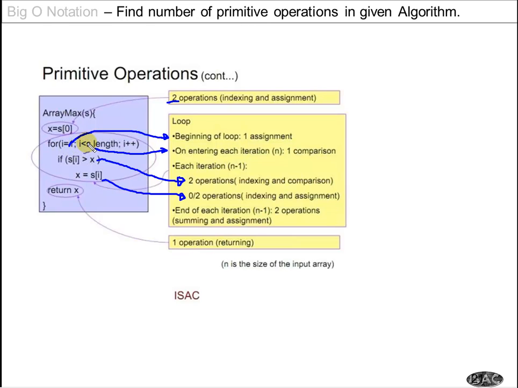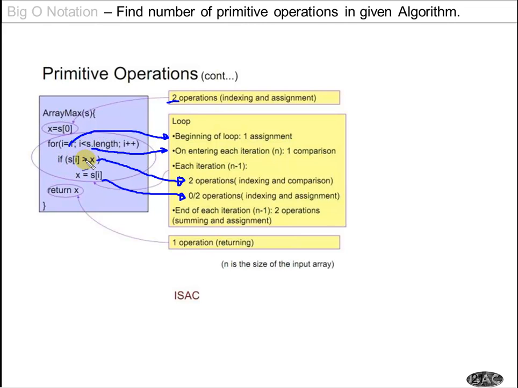So there is only one primitive operation here, and then we come inside, and the iterations will be n minus 1, because we say i less than s.length, not i less than or equal to s.length. If it was equals, then there would be n iterations, but with i less than s.length there are n minus 1 iterations.